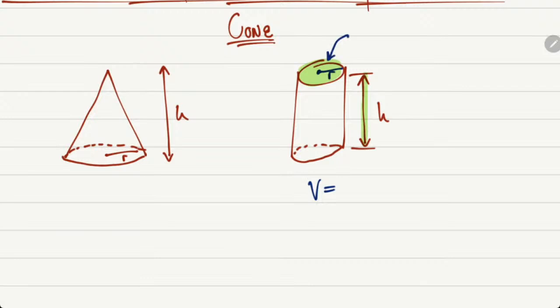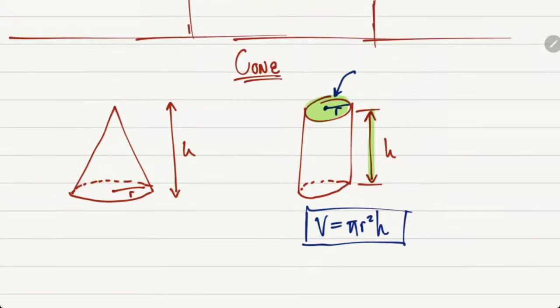The area of the circle is pi r squared. Then you multiply by height, h, and this becomes the volume. Then for a cone, students, it's the very same as a cylinder. So you must know for a cylinder.